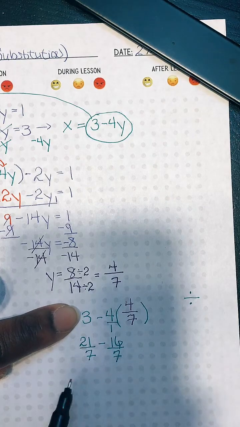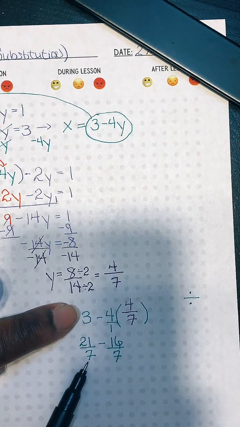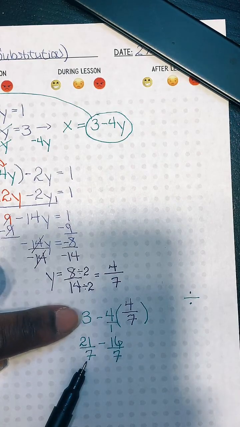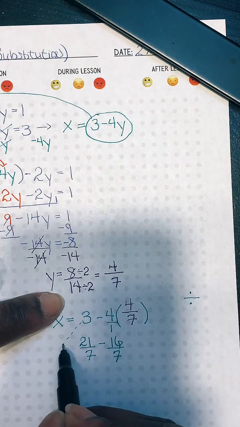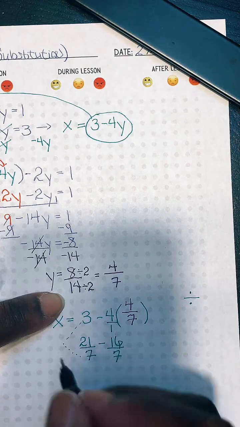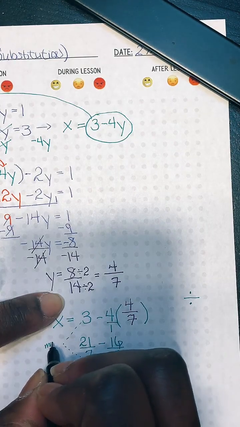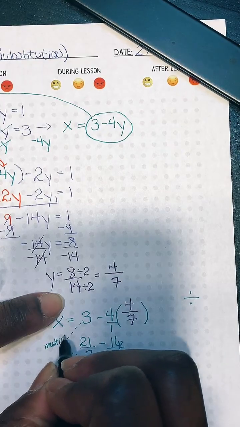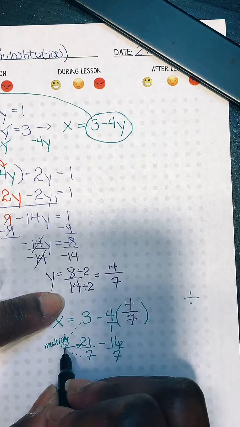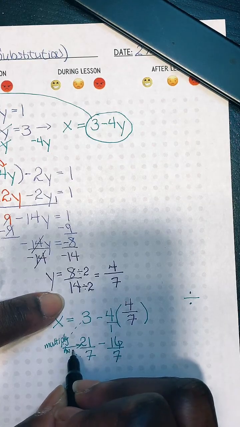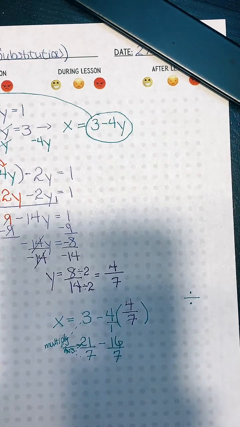So I need a denominator of 7. We have a whole number of 3. These two, you can actually multiply, and when you multiply it, you put your answer in the numerator. Makes sense? Good.